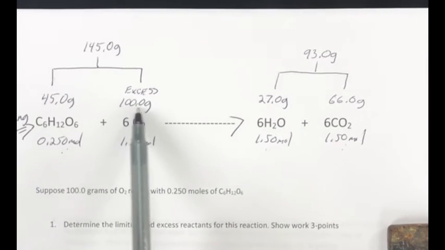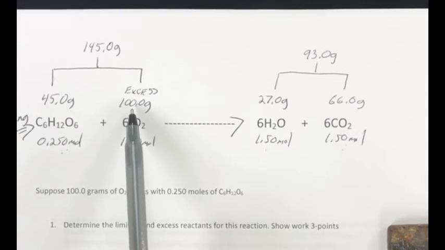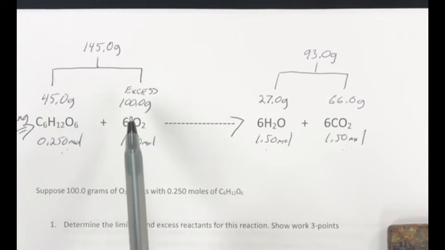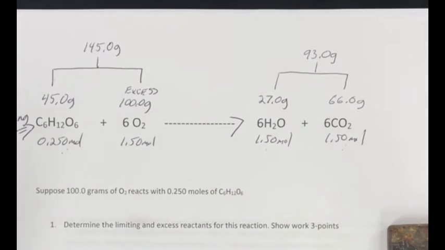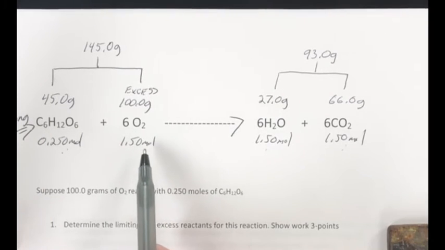I'm using 100 here, but not all of that 100 reacted. Some of this is left over. Well, let's see if we can figure out how many grams of this actually got reacted. I know that 1.5 moles reacted.